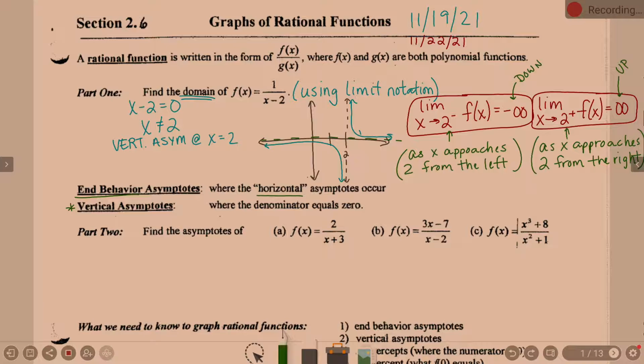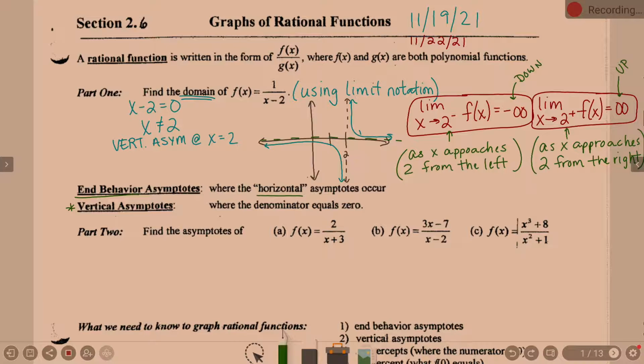And notice it's called an end behavior because where the horizontal asymptote really matters is as you go out to infinities, left and right, as you go infinitely out to positive and negative infinity. What is this graph doing in this example? It's running alongside that asymptote, and that asymptote has a value of 0.